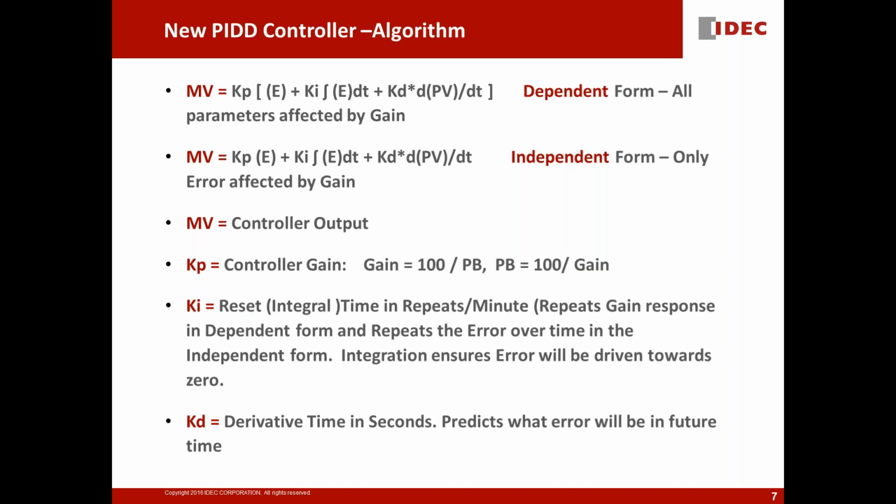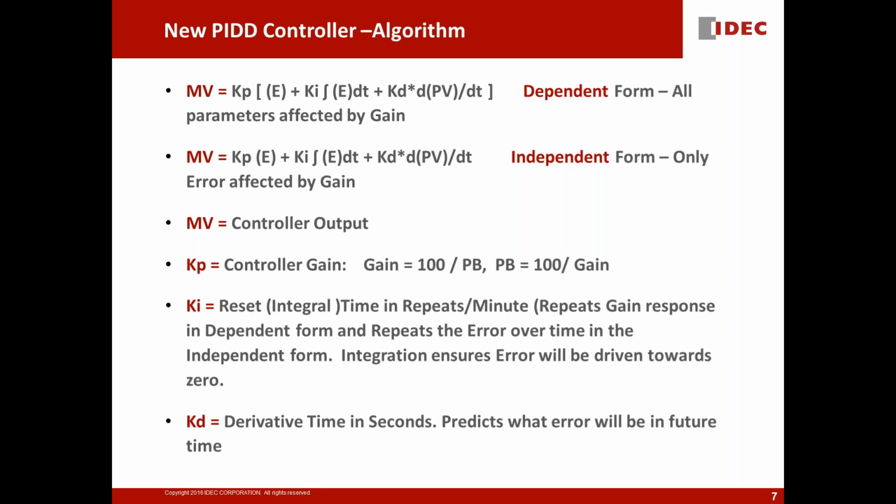In the dependent, guys, the KP affects the error, the integration of the error, and the derivative, right? So it affects everything. In independent, the gain only affects the error. The gain does not get multiplied by the integral or the derivative term, basically.